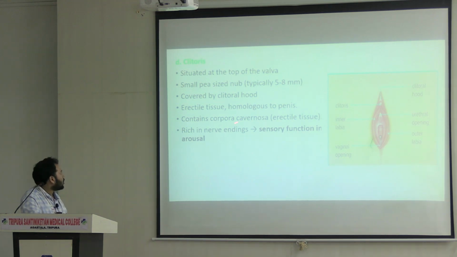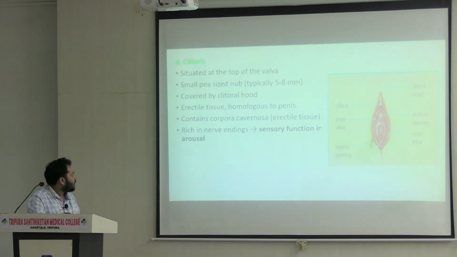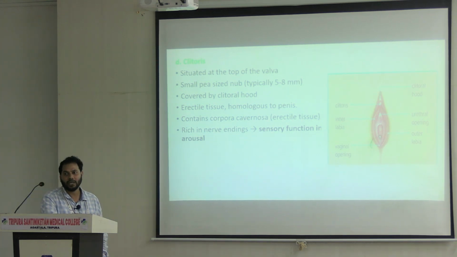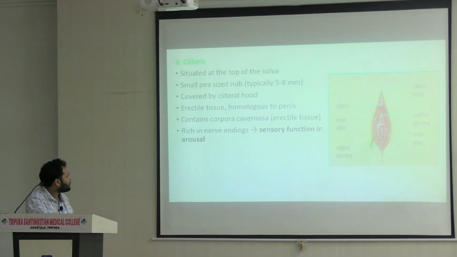It contains corpora cavernosa, which is an erectile tissue, and although it is a very tiny structure, it contains numerous nerve endings, mainly sensory nerve endings. This part is involved in sensory function during arousal. So we can say this is the most important structural part of the external genitalia.